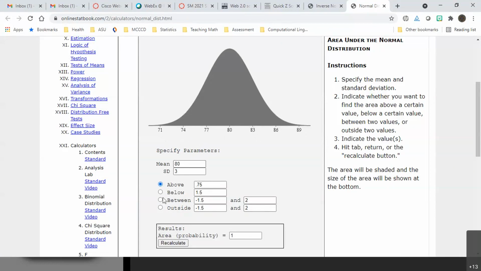In my example, I wanted a between probability, the scores between 78 and 90. Click recalculate and look at what I got, 0.7471. So see how to use the calculators with non-standard distributions. Just plug in your mean and standard deviation.